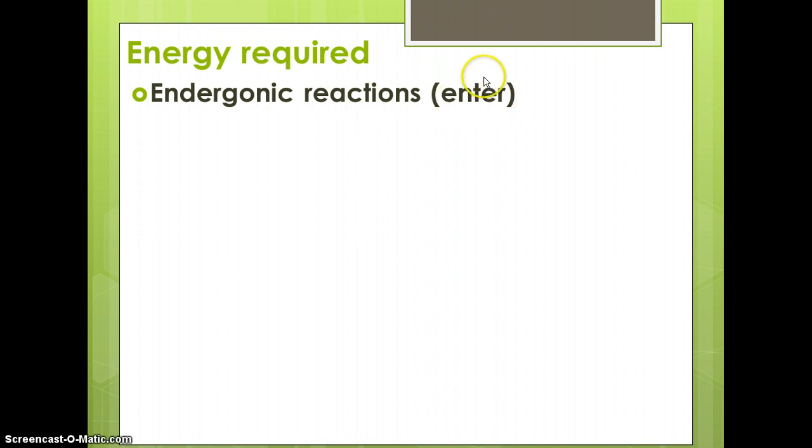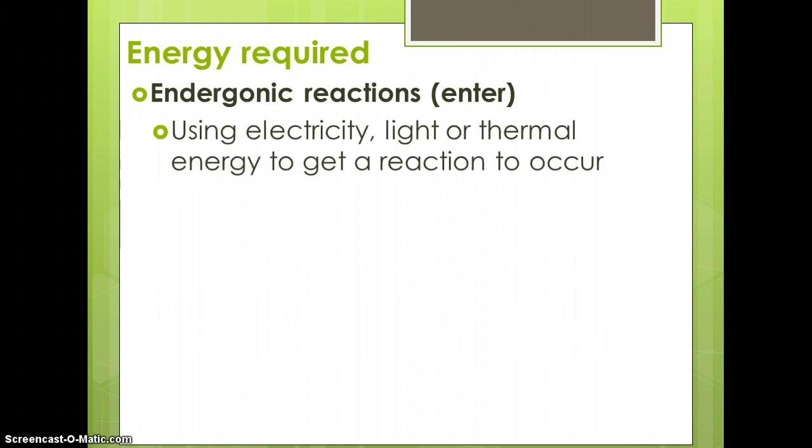I put a word here so you can associate ender with enter. Endergonic, enter. Think of it as energy needs to enter the system in order to have this reaction occur. So here we're going to use electricity, light, or thermal energy to get a reaction to occur.